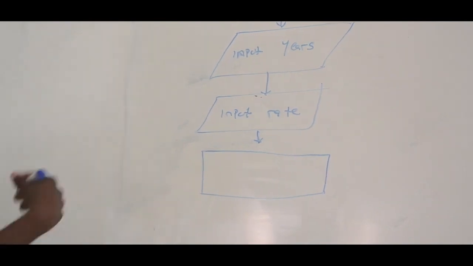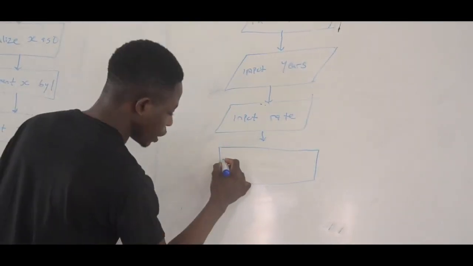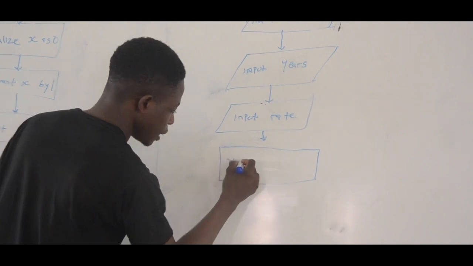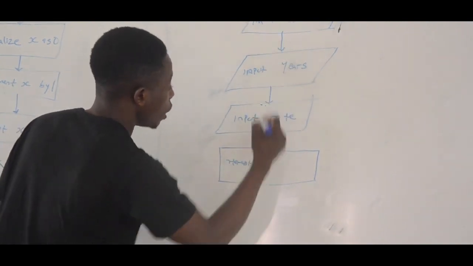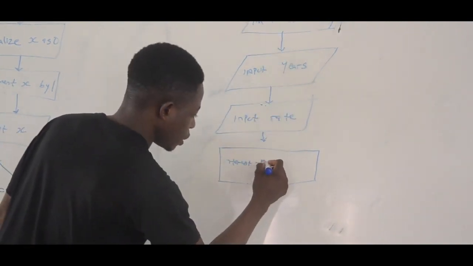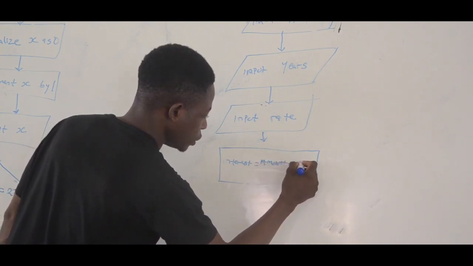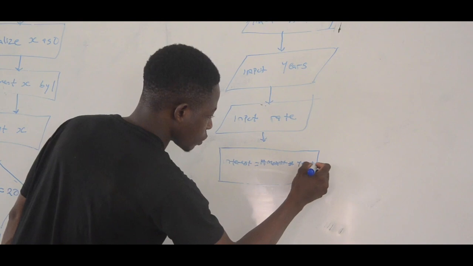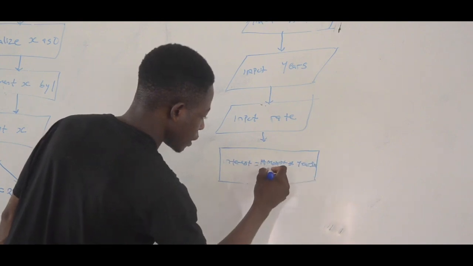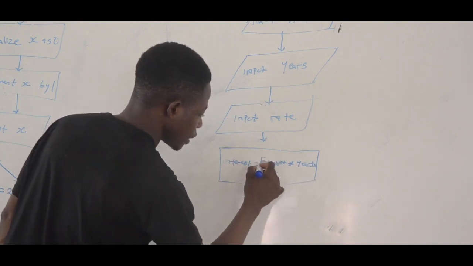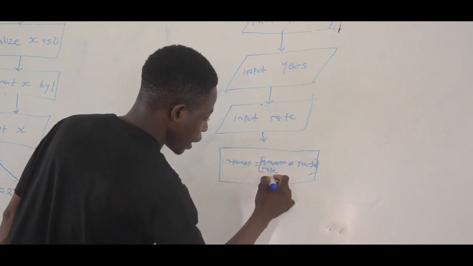Now, the formula is that interest equals amount multiplied by year multiplied by rate. These three things together divided by 100.